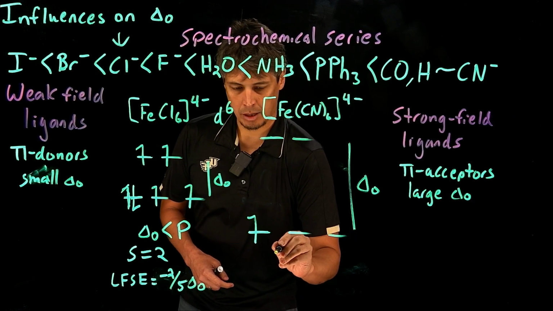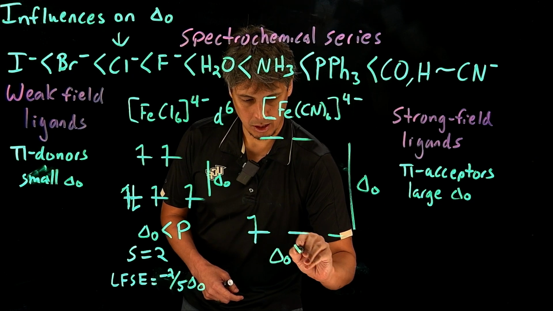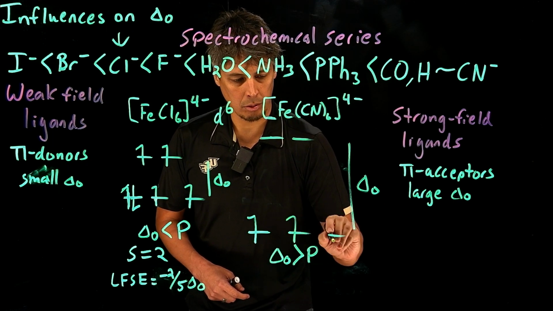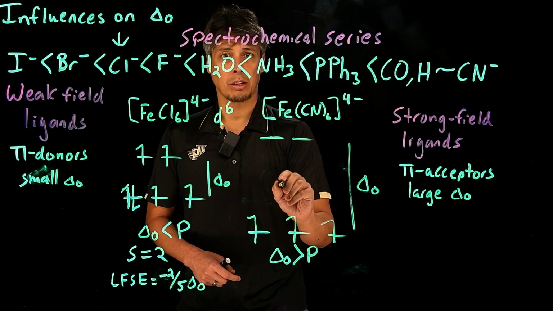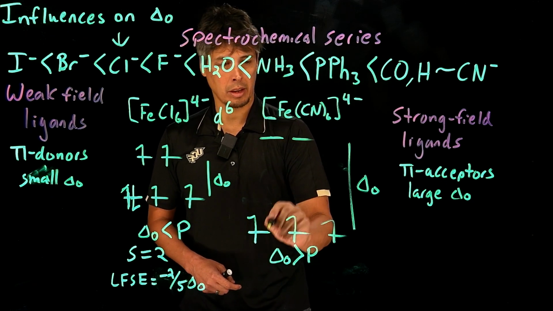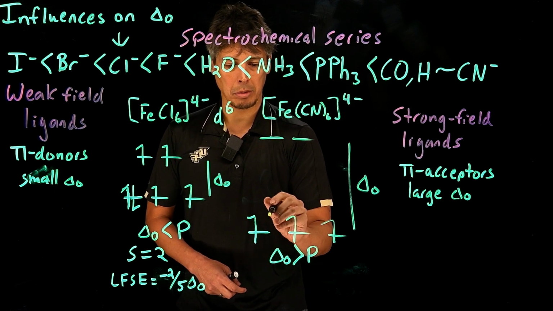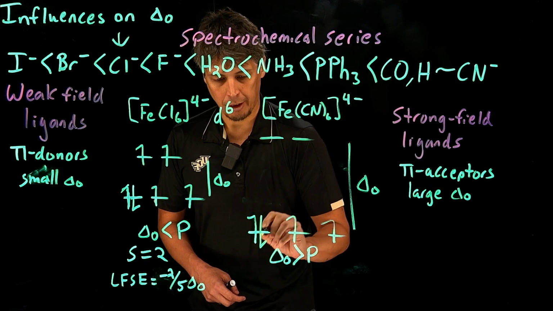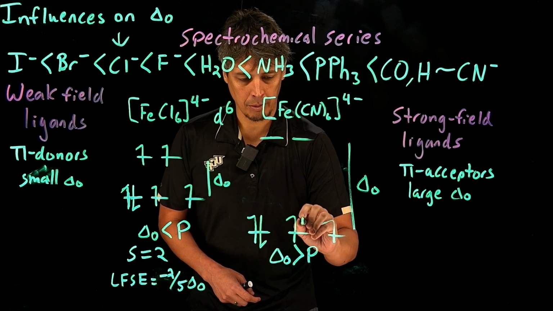Right. In this case, delta O is going to be greater than the pairing energy. And so we go 1, 2, 3. The fourth electron, since the pairing energy is lower in energy than the difference in energy between the t2g and the eg, it's going to be more energetically favored for it to pair.